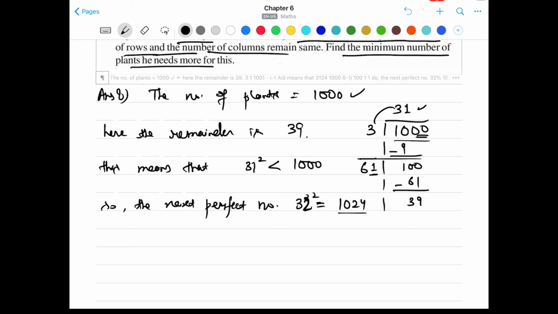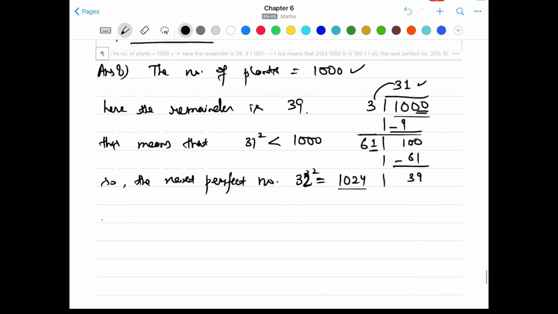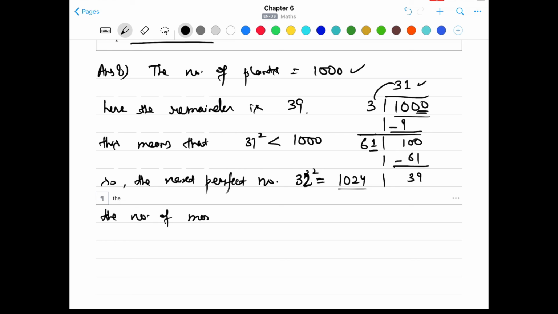The next higher square, of the number 32, is 1024. That means the number of more plants required will be equal to 1024, which is the square of 32, minus the number of plants he already has, which is 1000. So the answer is 24.